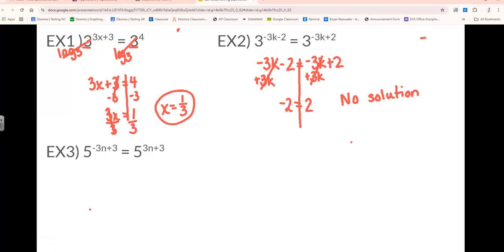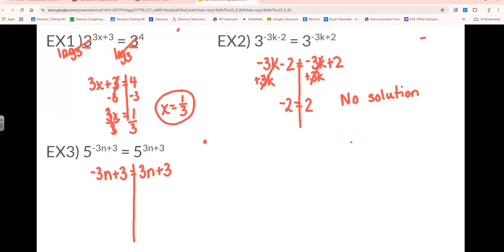Okay. Let's look at 3. For that one, you've got the bases are the same. If I log base 5 both sides, I am left with my exponents, 3n plus 3 equals 3n plus 3. In this case, I've got n's on both sides, so I need to move one to the other side.